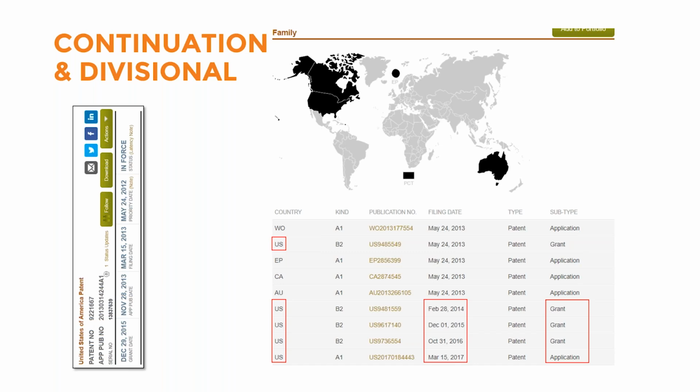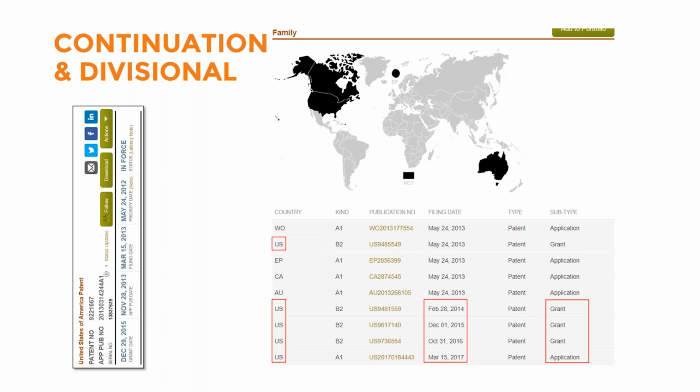An interesting thing to take a look at here is what the differences are in the claim coverage between these 5 continuation divisional matters and the original. This is where we start having to dig into both the claim sets as well as the file histories, because you can't just file the same matter over and over, as everyone knows.